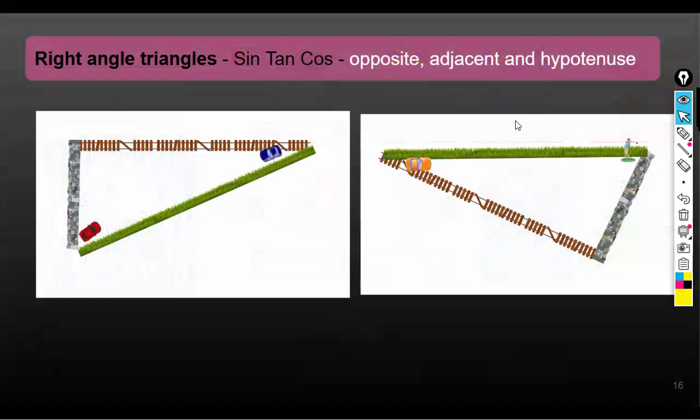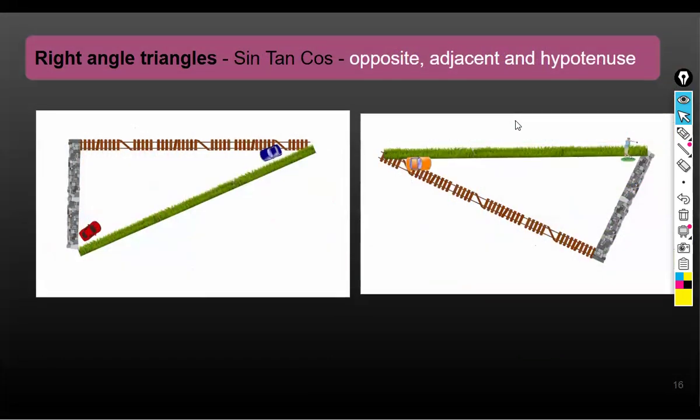Right. So let's talk about right angle triangles. Now, everyone is supposed to have a little idea about right angle triangles. We did Pythagoras theorem last term, and I explained that right angle triangles have something called what? A hypotenuse. How do you know which side is the hypotenuse of a right angle triangle?